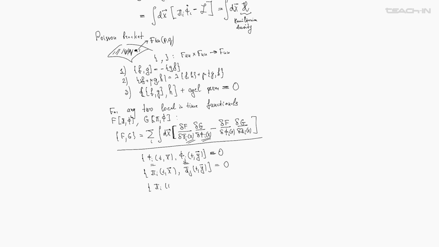at different space points and at the same time, then the result will be delta ij, delta function x minus y. So if you wish, this is a canonical generalization of the standard canonical Poisson bracket in classical mechanics to the case of fields.